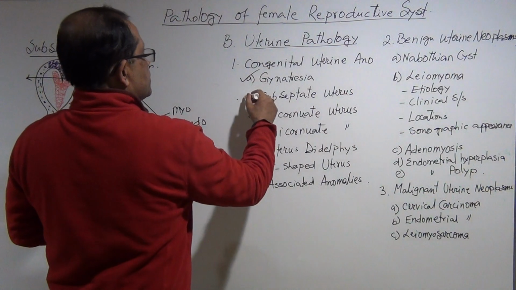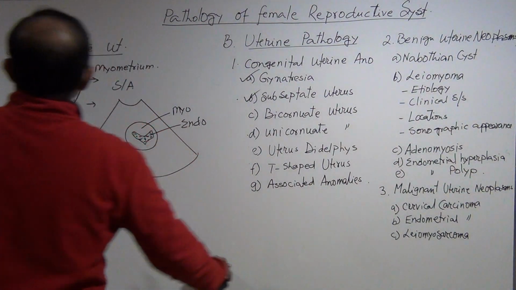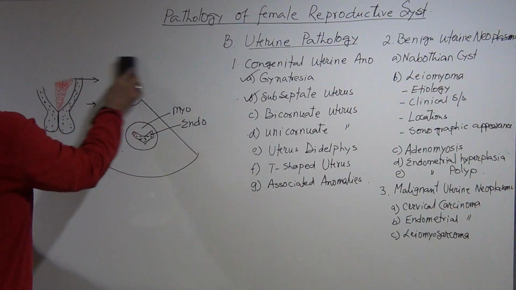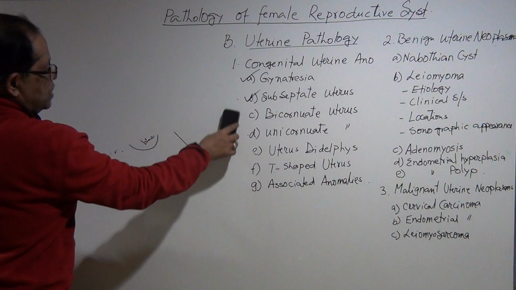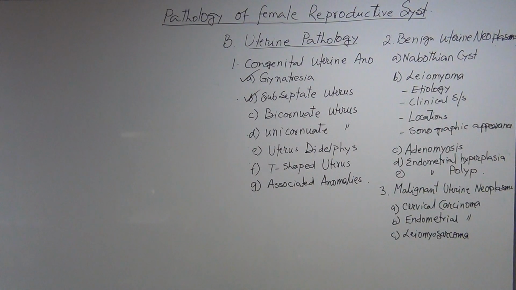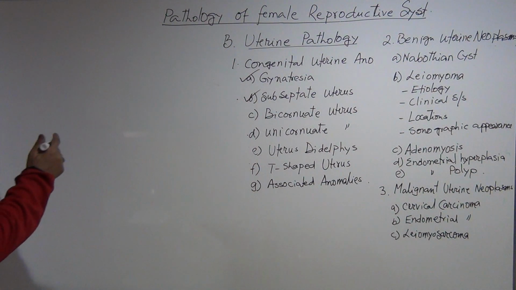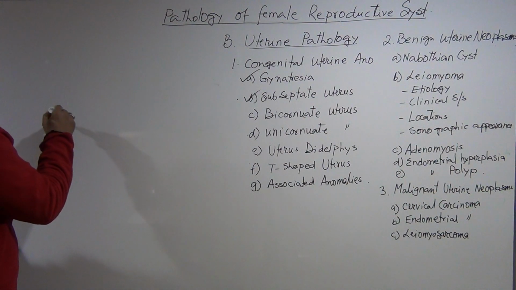Okay, now bicornuate uterus. In bicornuate uterus, you will see cornua, meaning horn. The uterus has two heads. So if the uterus has two heads, how does it look like?